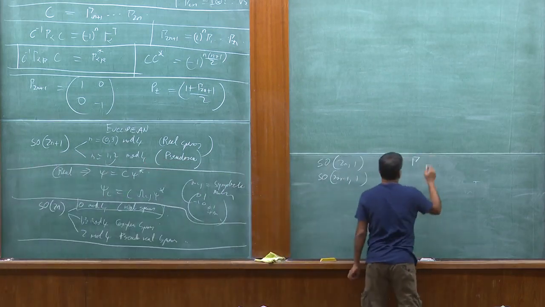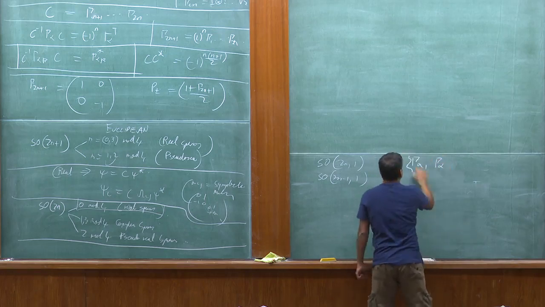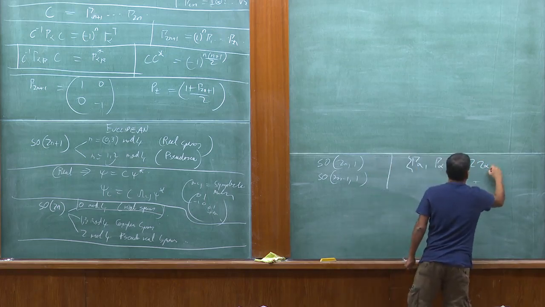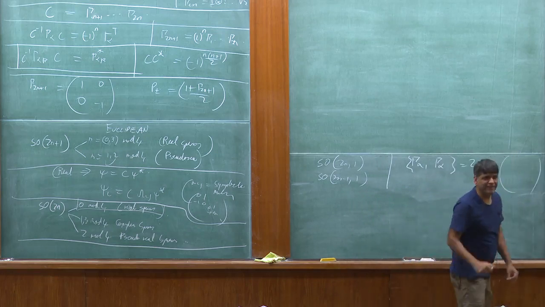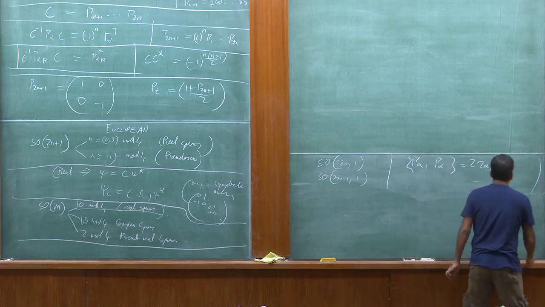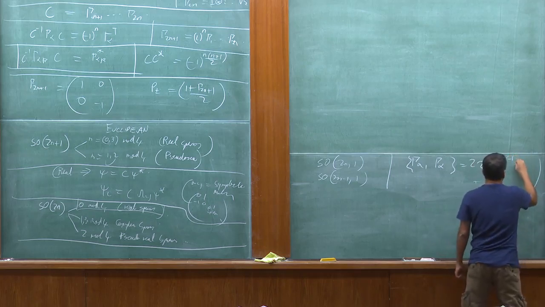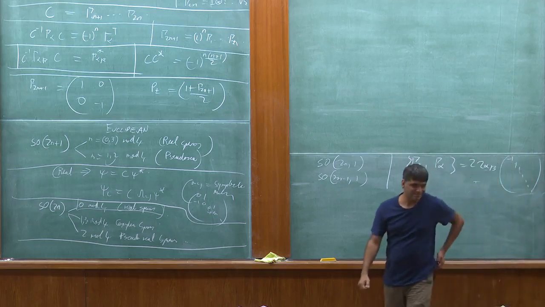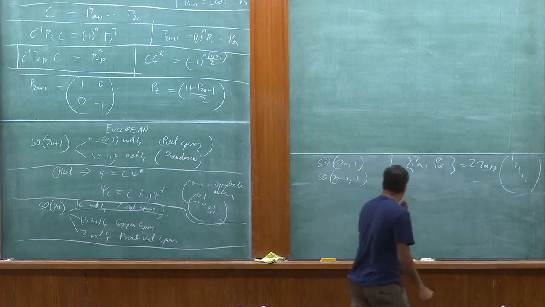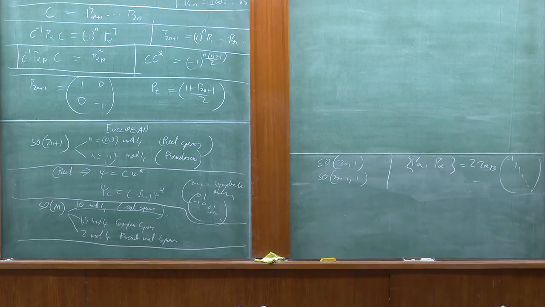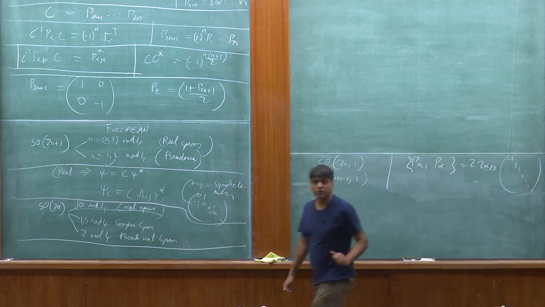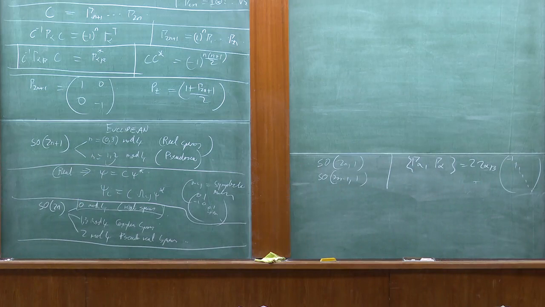Our gamma matrices have to obey the algebra: the anticommutator of gamma alpha and gamma beta is equal to 2 eta alpha beta. We will always use the mostly positive convention throughout this course. So we'll have some minus 1 and then 1, 1, 1, 1, 1, 1. And as we discussed in answer to Kanu's question at some time in the last class, there's a very easy way of getting the representations of the Clifford algebra which obey these commutation relations, starting from the Clifford algebra of the Euclidean case.